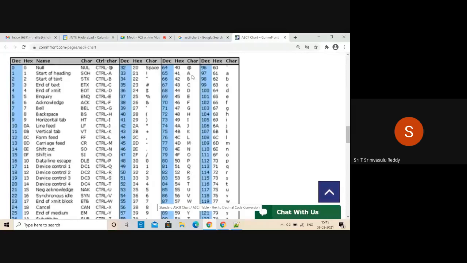So if you want to get the lowercase character of any given letter, simply add 32, you get the corresponding lowercase. You see here, capital F is represented as 70. You add 32 to this, you get 102, and you get the corresponding lowercase character. So the difference between any character and its corresponding other case is always 32.